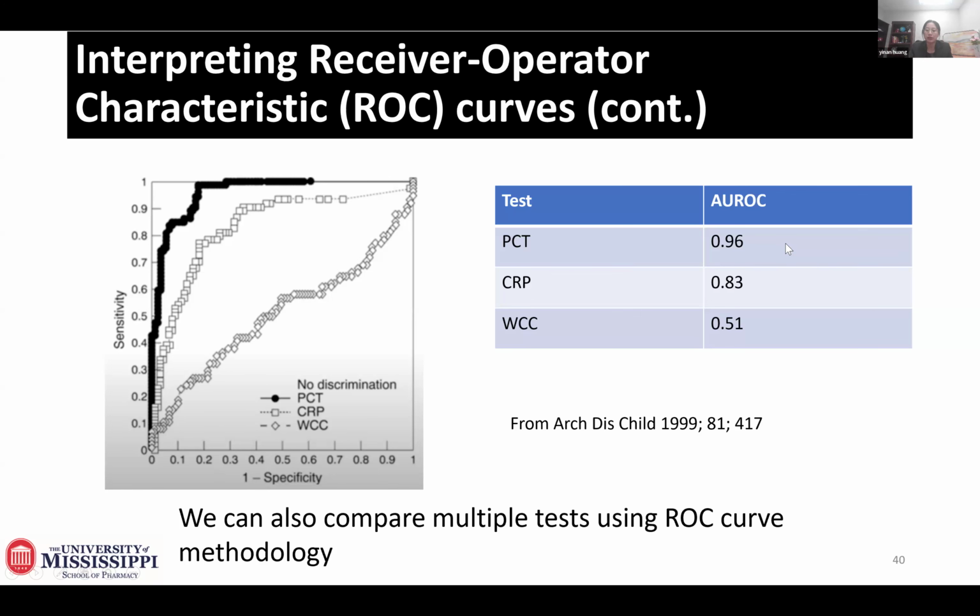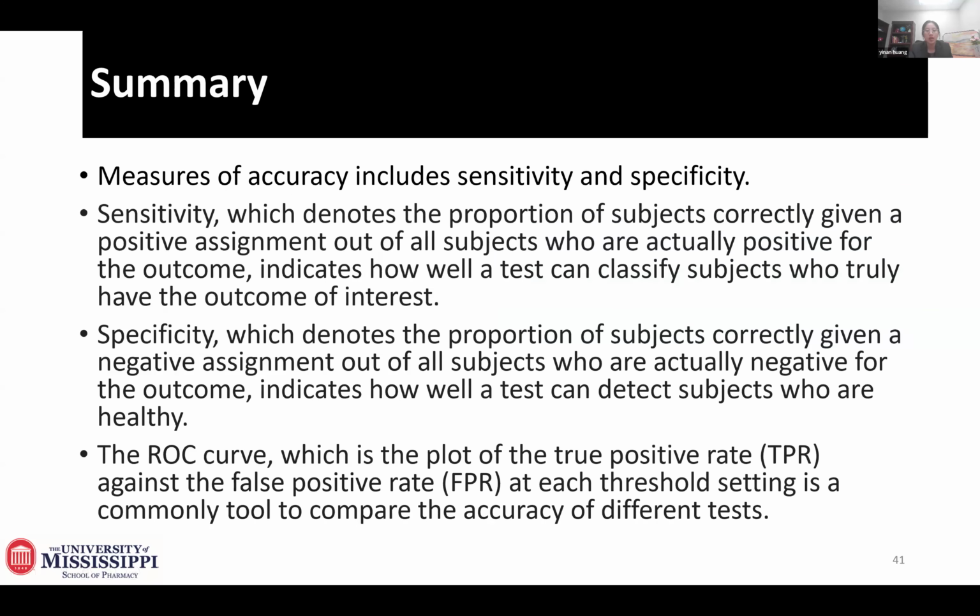the highest AUROC. To summarize, we have learned about different measures to evaluate the accuracy of testing. This includes sensitivity and specificity. Remember, sensitivity is how sensitive the test is in detecting truly diseased people among the population with the disease.